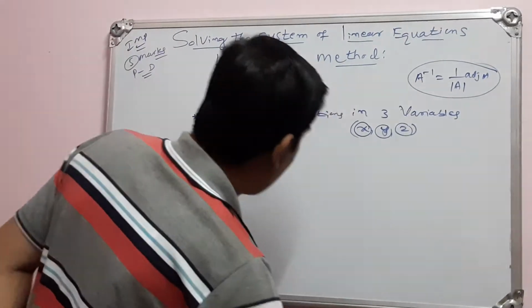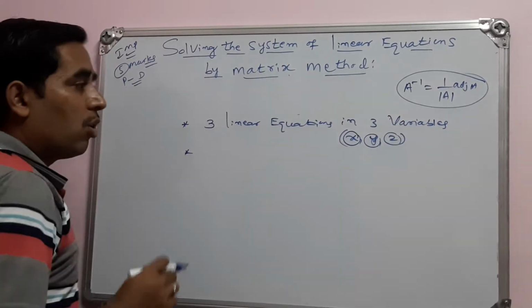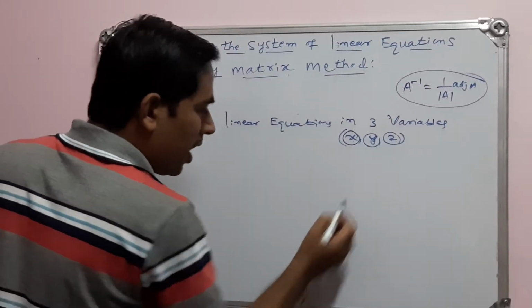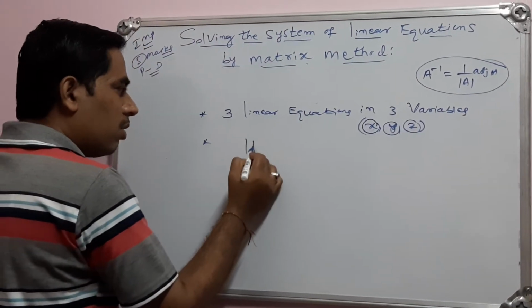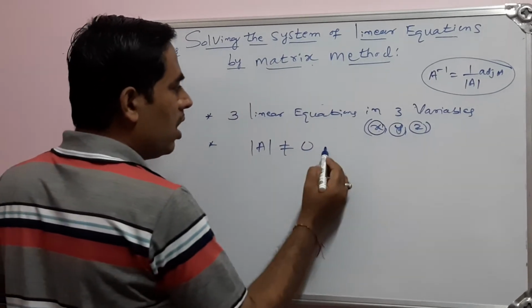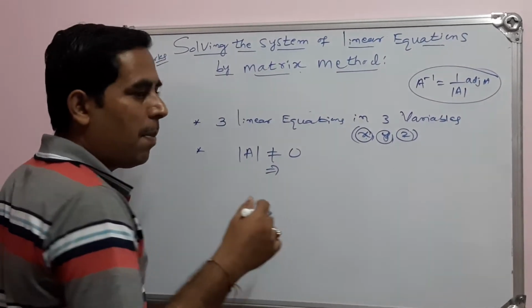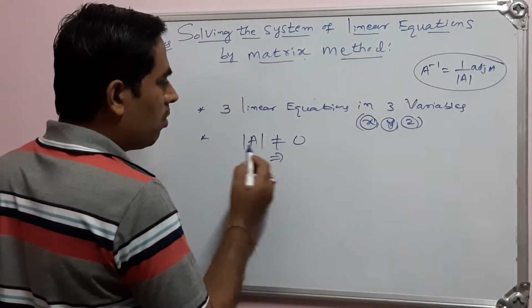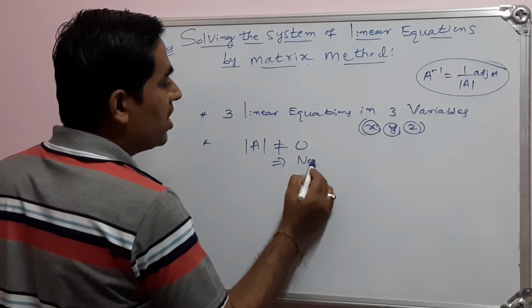First of all, we must have 3 linear equations, and to find the values of x, y, and z, or the solutions as we say, the determinant of A should not be equal to 0. We know this not being equal to 0 means the matrix, or the determinant, is non-singular.